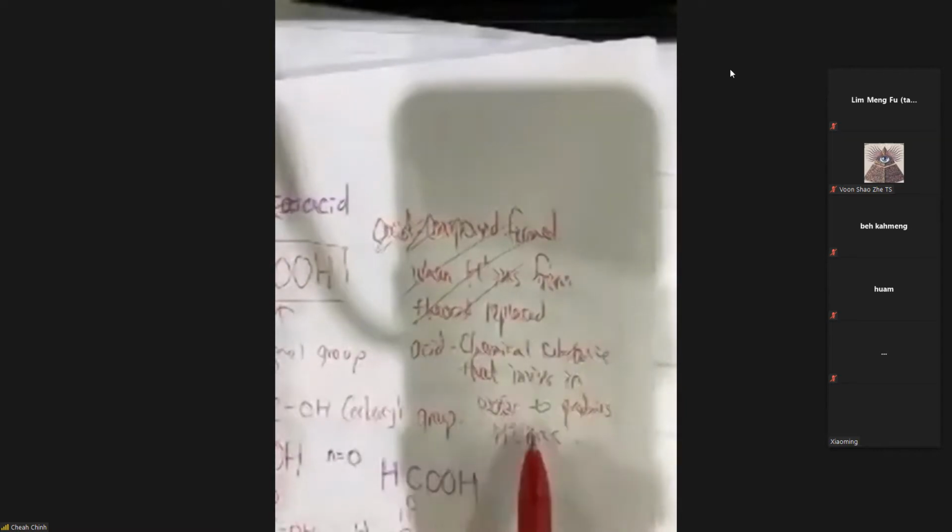So any chemical substance that can dissolve in water and produce a hydrogen ion, we call it acid. Because with the presence of hydrogen ion, it can show the acidic properties.